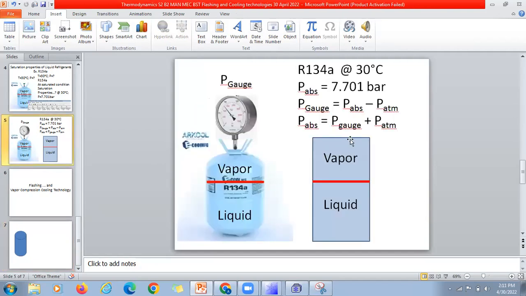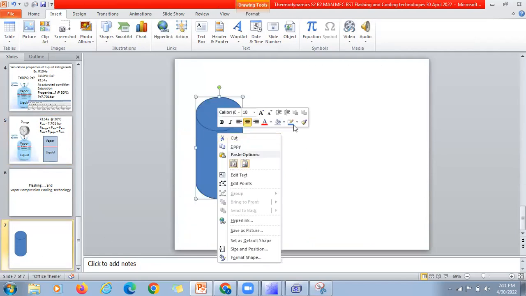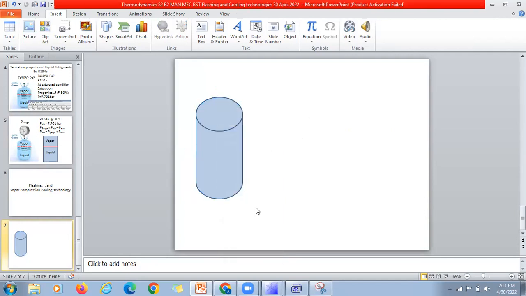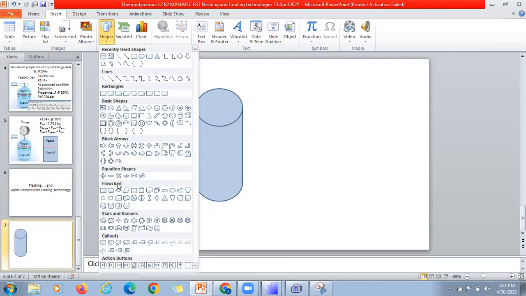Before that, this is a pipe, a piece of pipe. Last week's discussion.